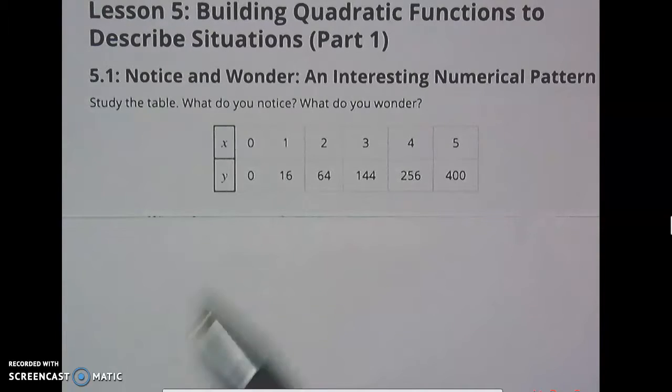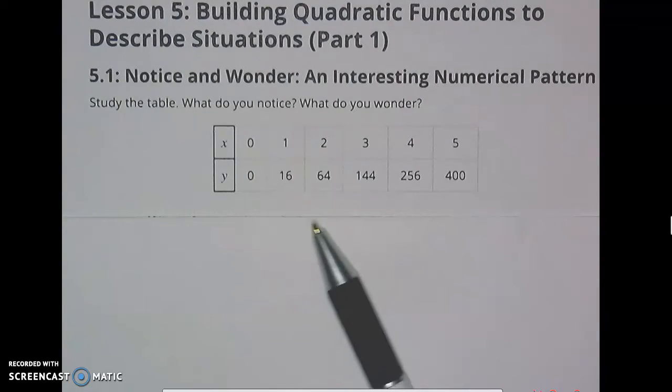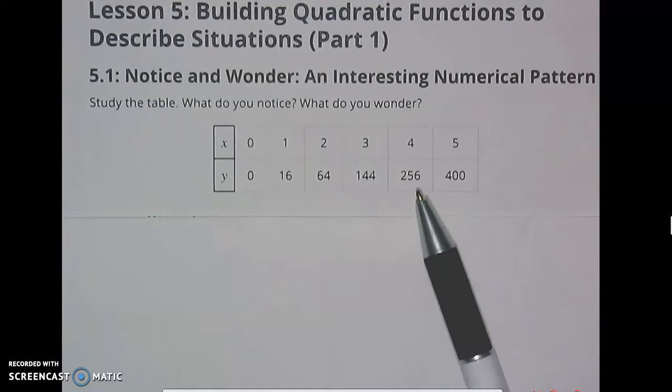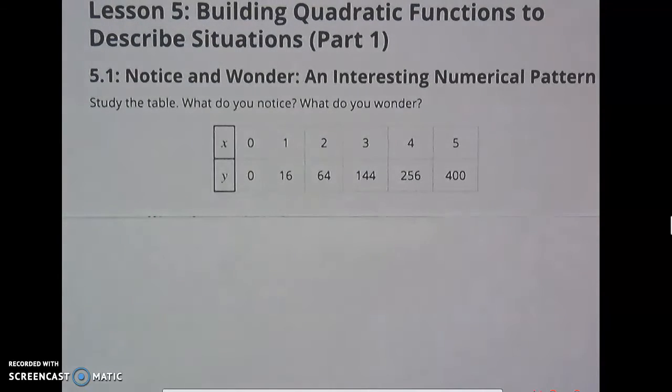And looking at the differences between these values, it keeps growing the further along you go. So those are some things that I notice. In terms of wondering, what does this data even represent? I have no idea what context this is, whether this is actual data or just random data.